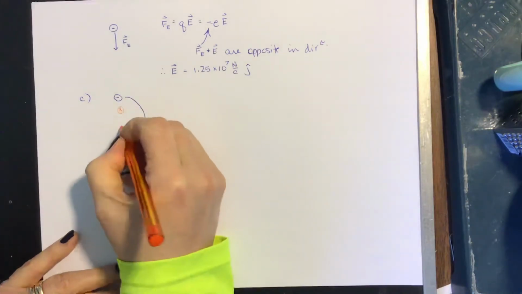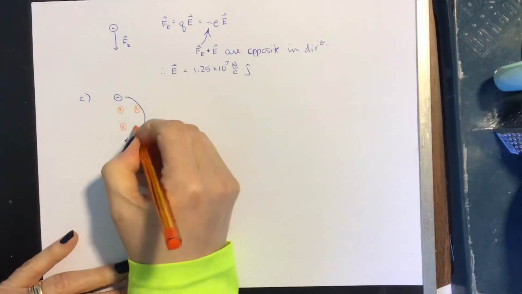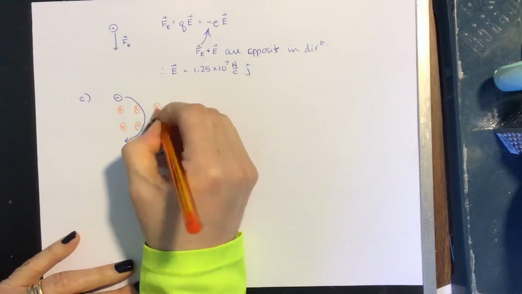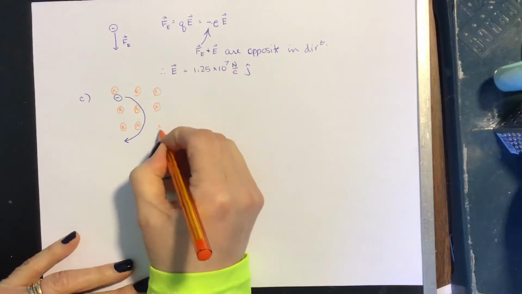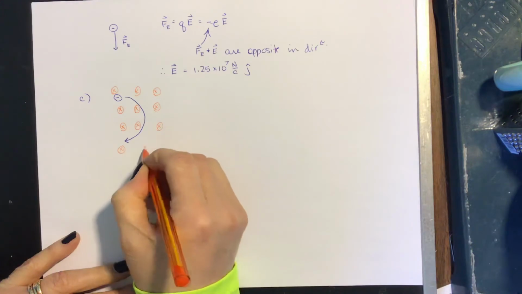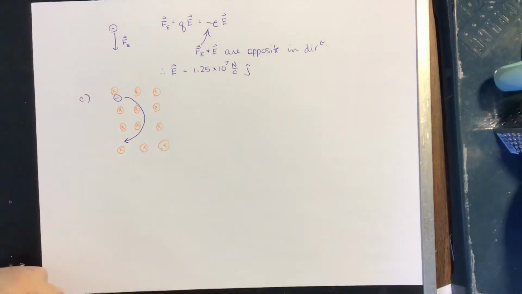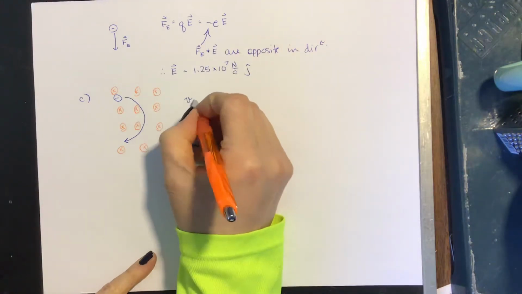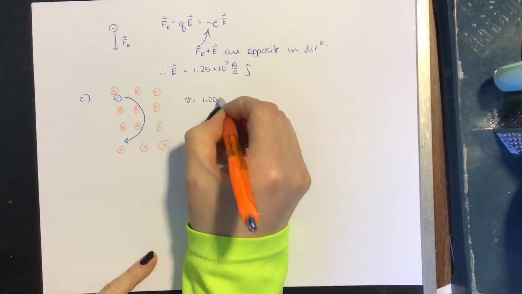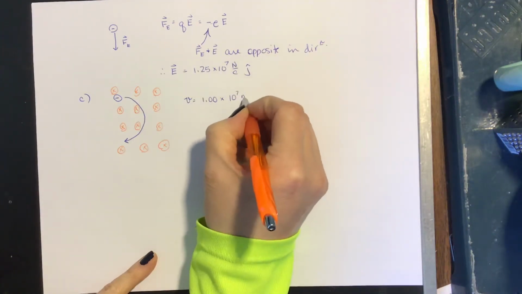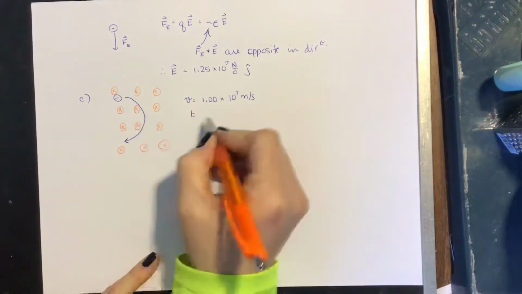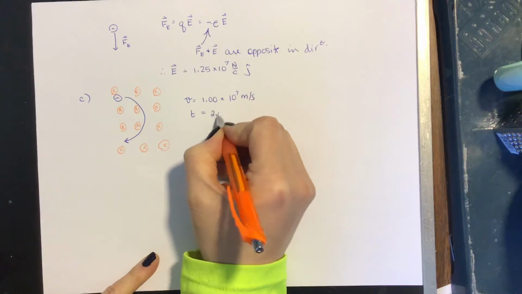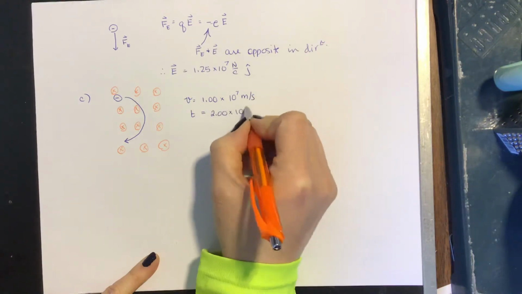One thing important to remember here is we don't know B2. What do we know? Well, we know the speed of the electron. V is equal to 1 times 10 to the 7 meters per second. We know how long it takes to traverse that path. That was 2 nanoseconds, so 2 times 10 to the minus 9 seconds.